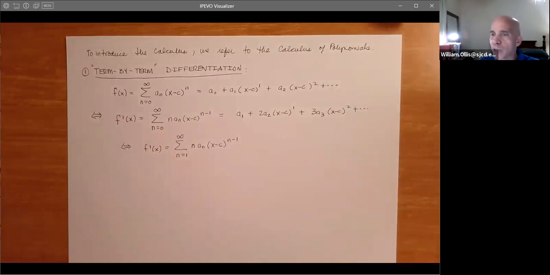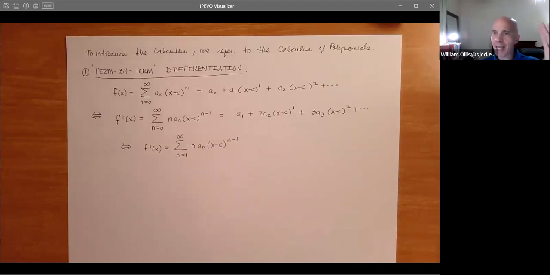It's like when you're doing your integration process, you are in charge. How you write something is completely up to you, and maybe you write it a particular way so that it's easier to work with. Like when we work with geometric series, we would re-index so we could add them. If we want to add series, we have to make sure that the powers are actually consistent.